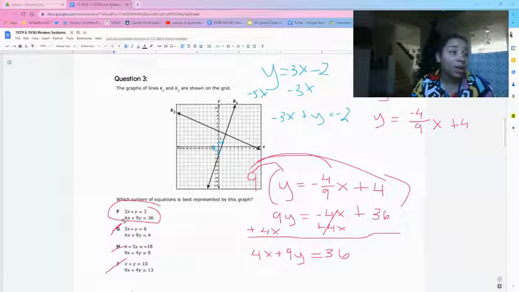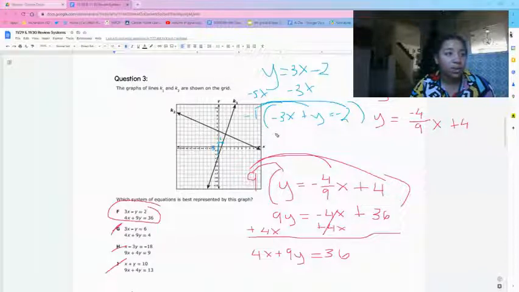But this one doesn't look like that because they factored out the negative 1. So you got to multiply everything by negative 1. This would be 3x minus y, sorry, equals positive 2.